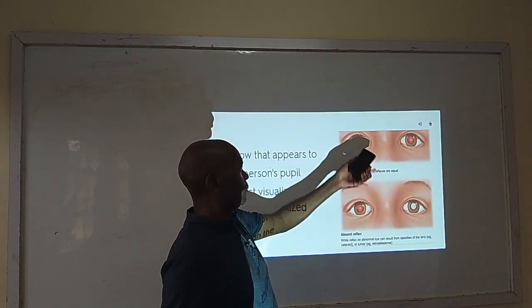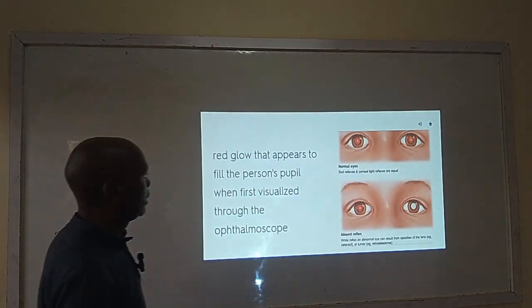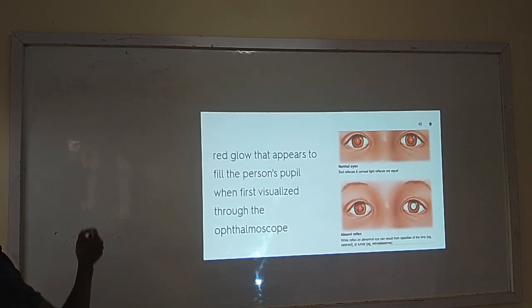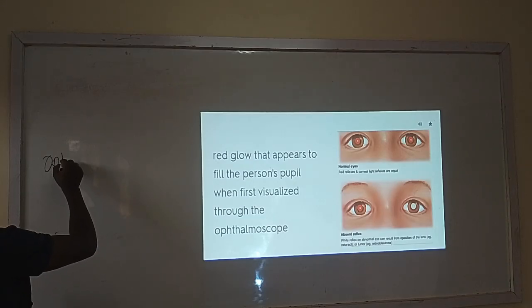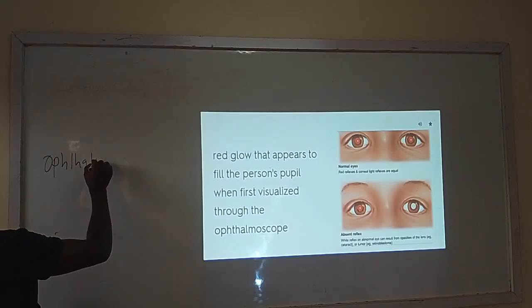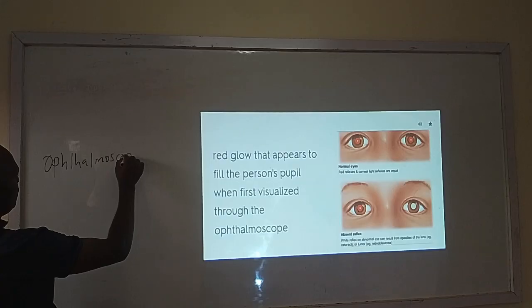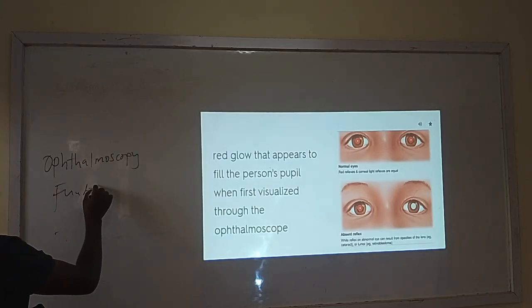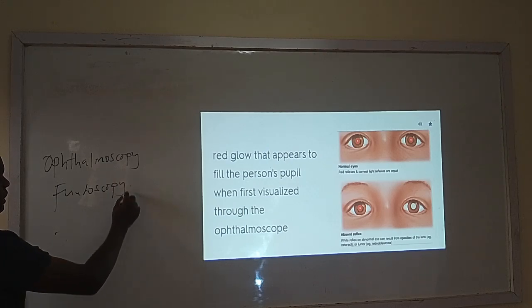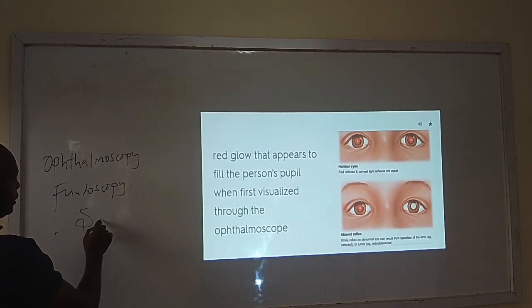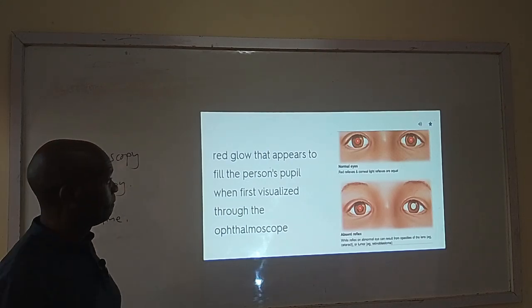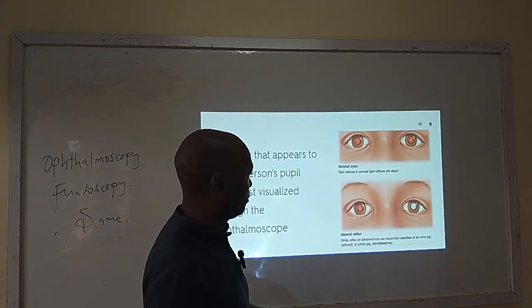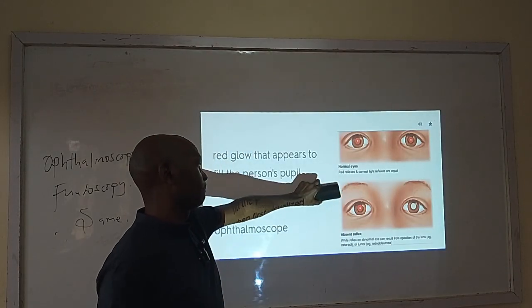So when you do an ophthalmoscopy, remember ophthalmoscopy is the same as fundoscopy. Ophthalmoscopy and fundoscopy refer to the same procedure. So when you do a fundoscopy, in a normal eye, you see a red reflex, and that is normal.